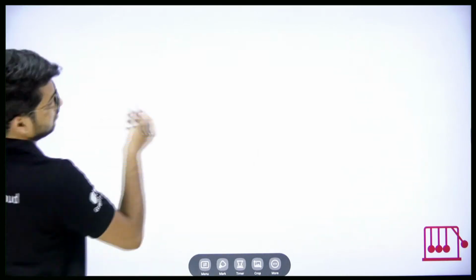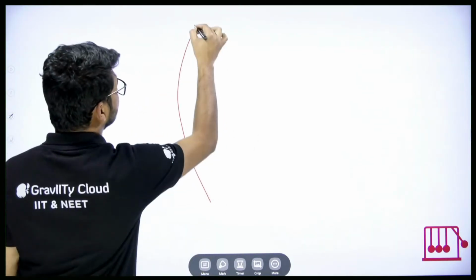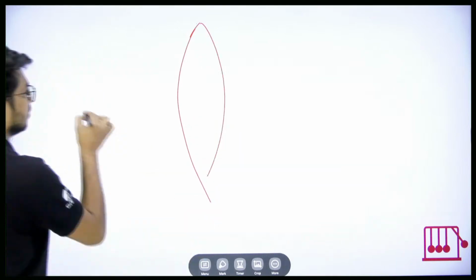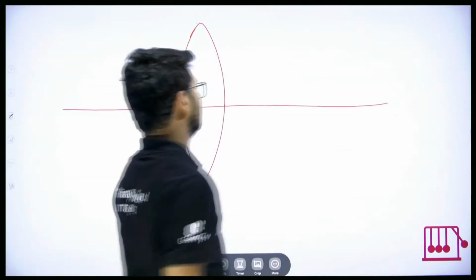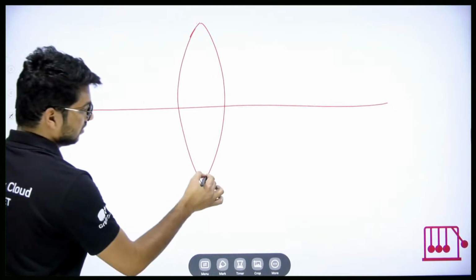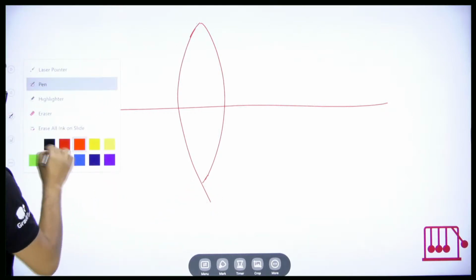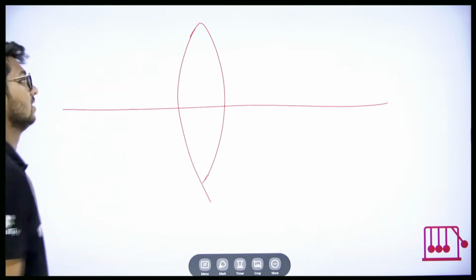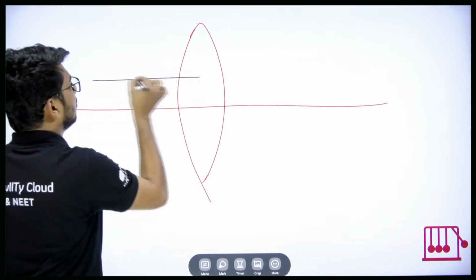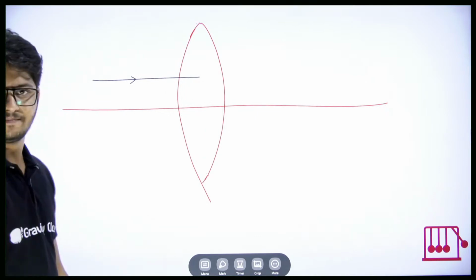For that, I'll again take a convex lens. Let's say this is a convex lens. Now what I'll do is take two special cases in the same diagram itself. Now, this is the incident ray.